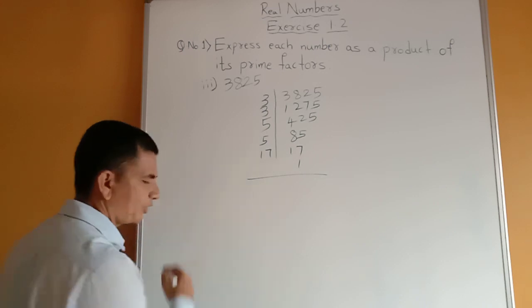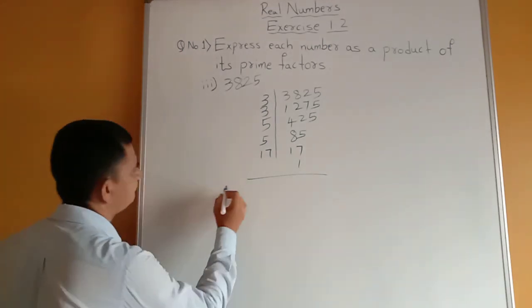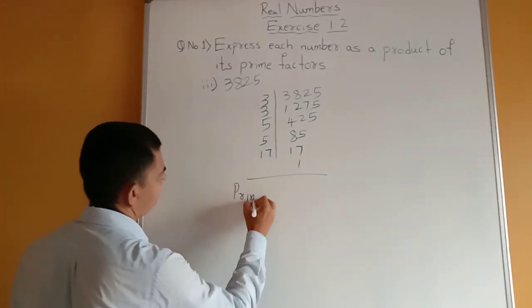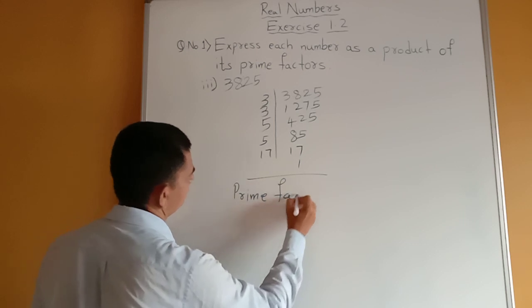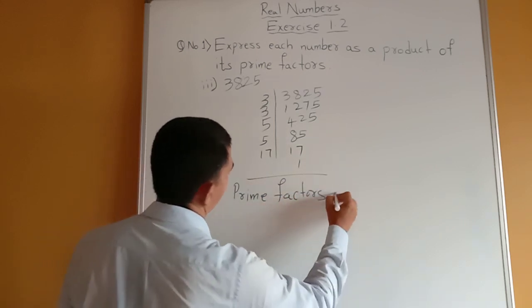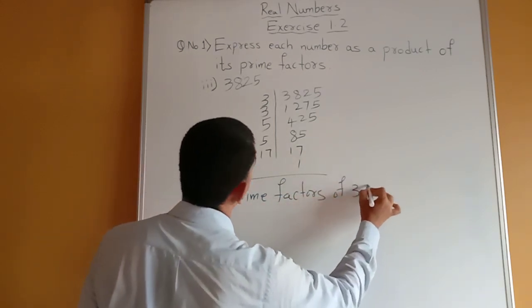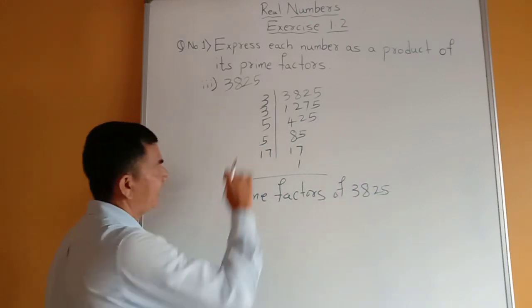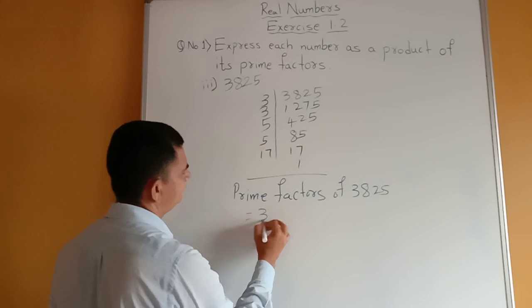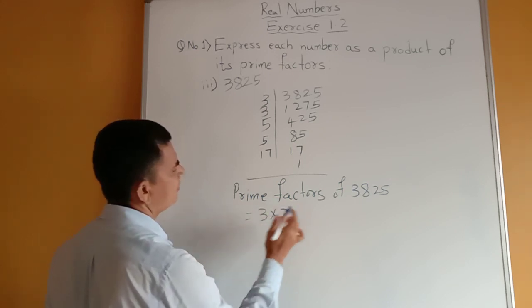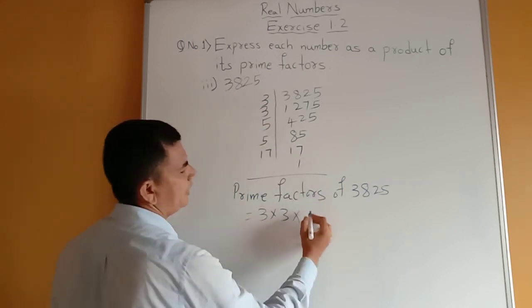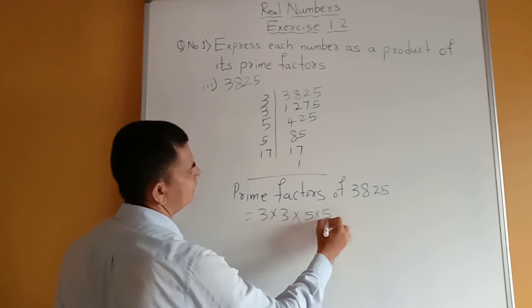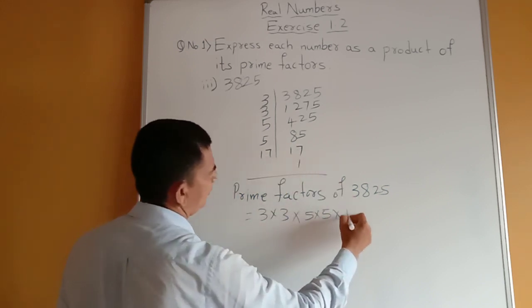Now again we have to write the prime factors of 3825. What are the factors we have to write? 3 into 3, 3 is 2 times there, and 5 is 2 times, again last one is 17.